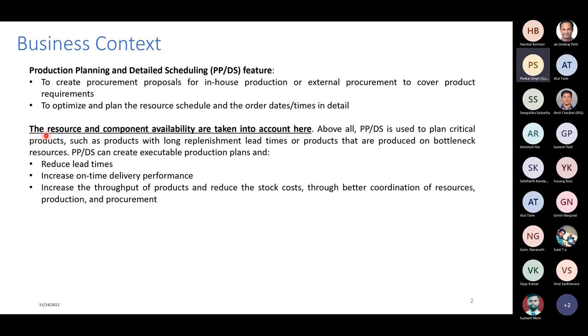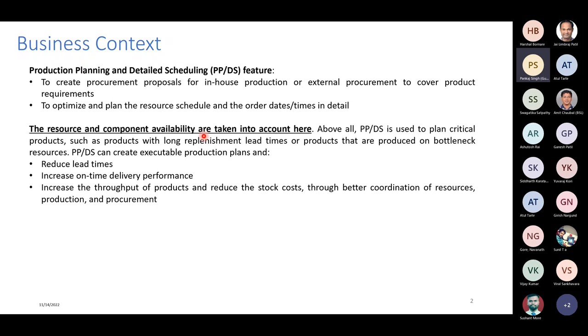In PPDS, we have the ability to consider the resources and components availability. Resource availability means your capacities, so how much capacity our work center has, that we can take into account, and then also what is the status of my components that are needed to produce my finished product. So these two things we consider when we create a plan.